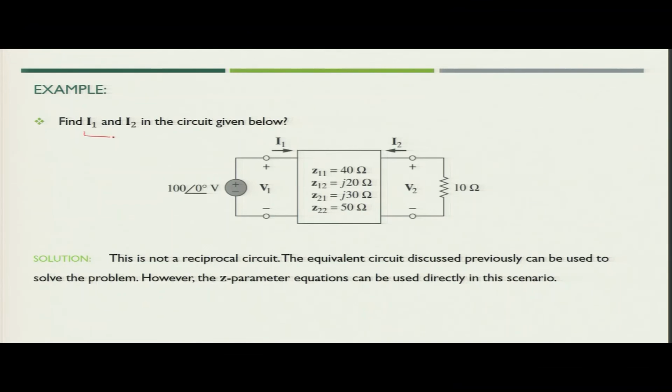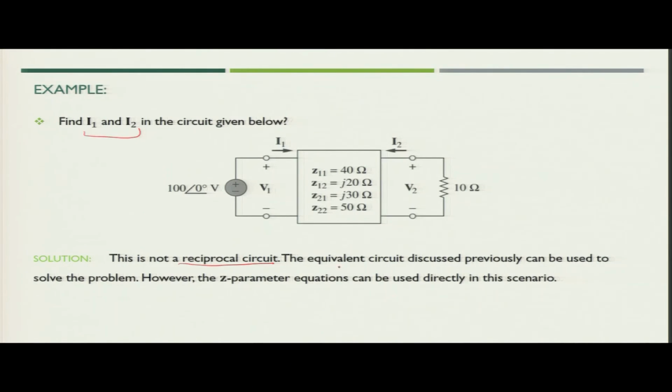Suppose we are asked to find out the value of I1 and I2, and the Z parameters are given: Z11, Z12, Z21, Z22. If you see, in this case Z12 is not equal to Z21, so that means the circuit is not reciprocal. So, what we have to do?